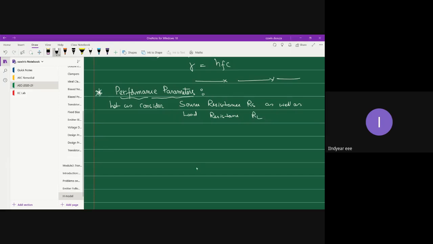Let's consider Rs and RL, and let us try to determine current gain, voltage gain, input impedance, output impedance, etc.